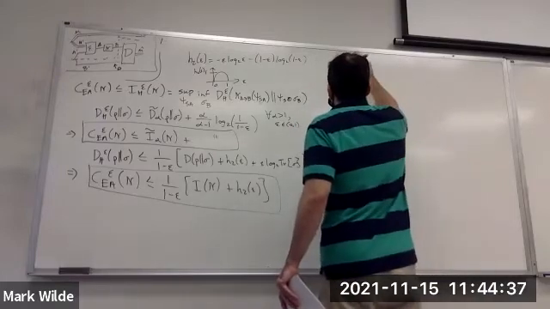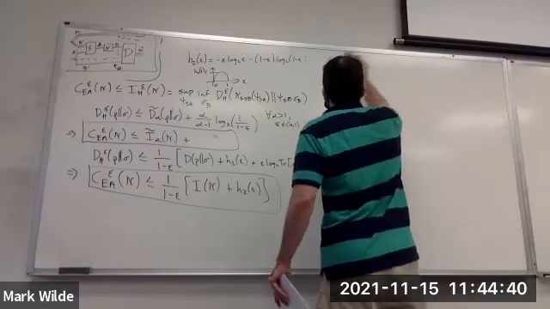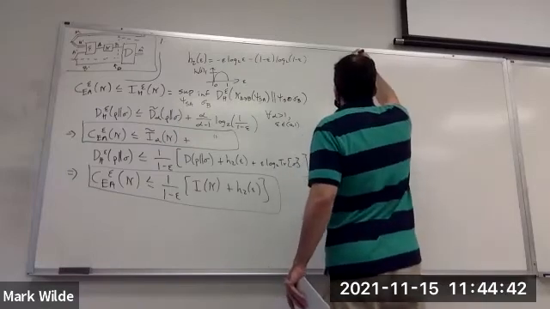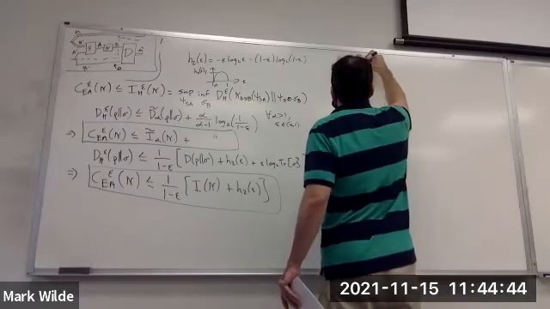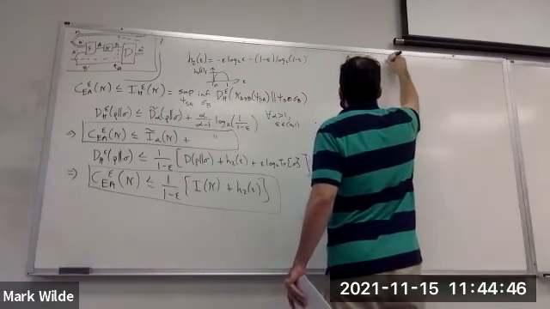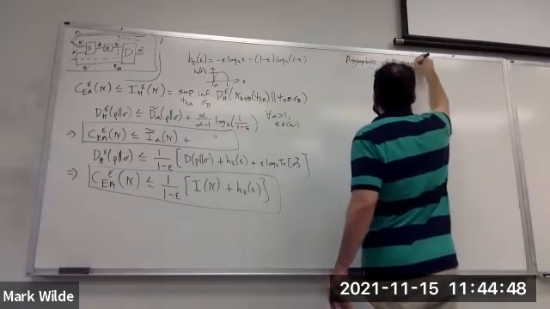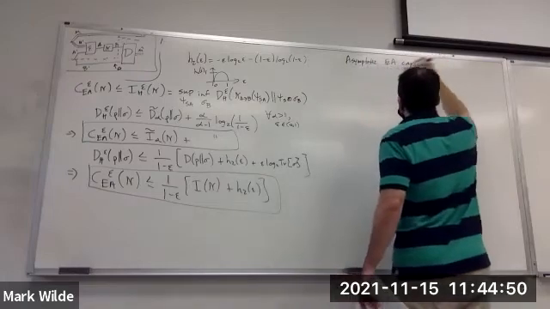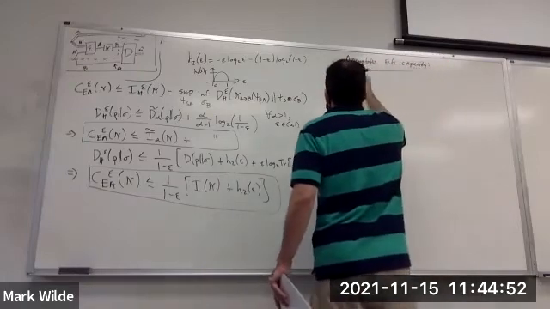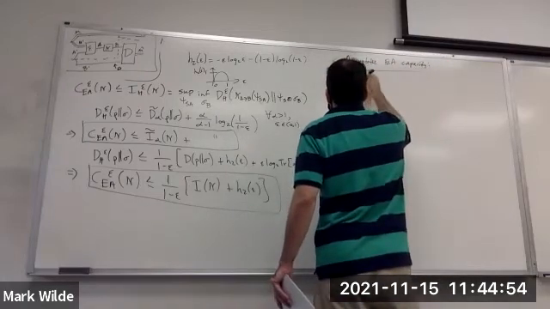So the asymptotic entanglement-assisted capacity is defined like this.